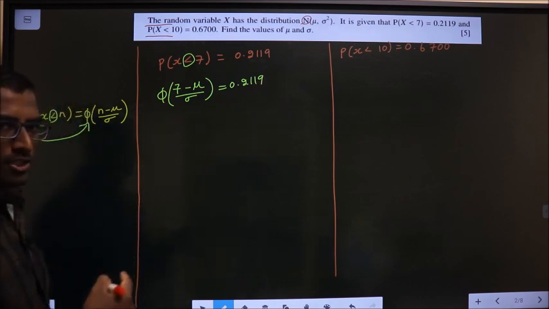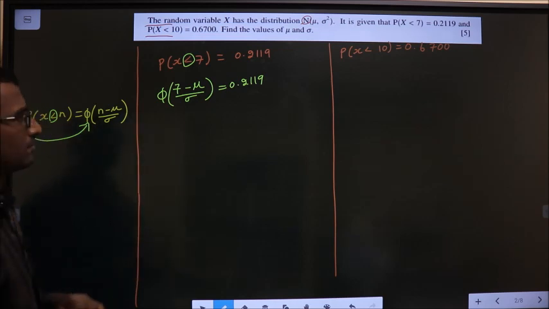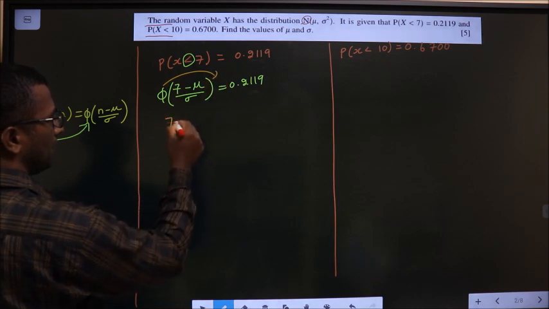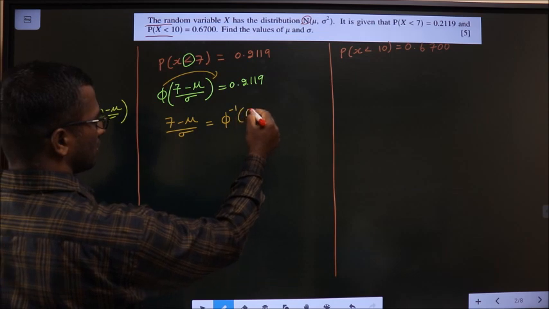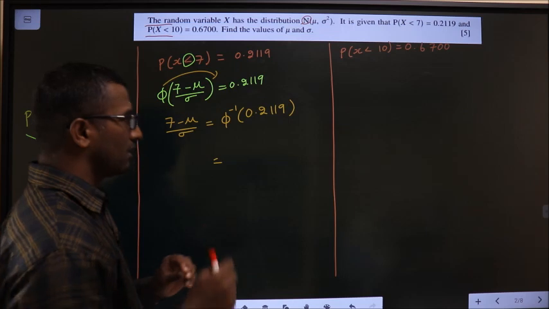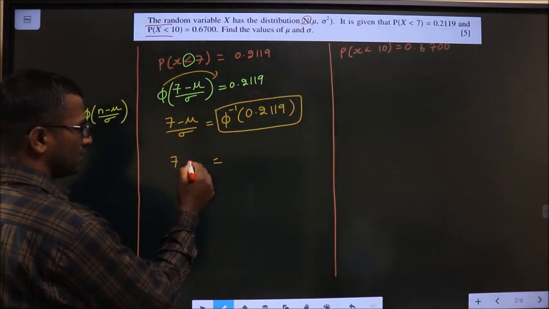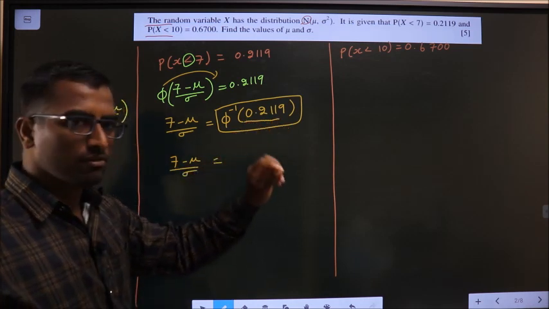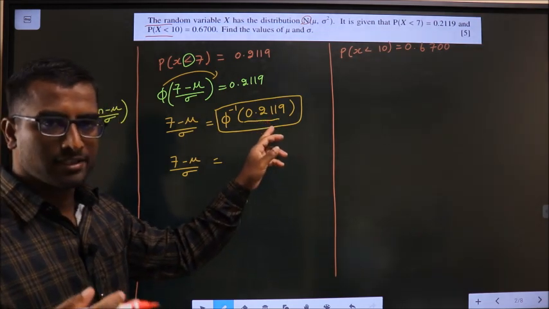Now, to simplify it, I have to shift phi to the other side. When phi goes to the other side, it will become phi inverse of 0.2119. Our normal distribution table values start from 0.5, but this is less than 0.5.